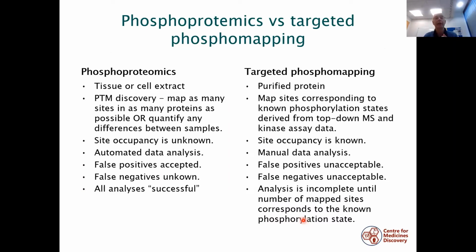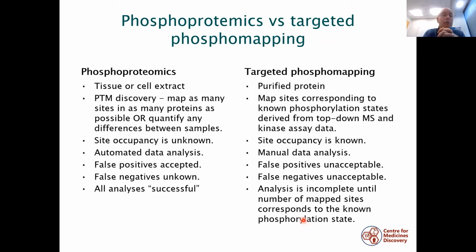So here at the CMD, we use a targeted phosphomapping approach. To compare that with the more traditional approach, I'll compare and contrast these two techniques. In a proteomics approach, we're looking at a tissue or a cell extract. In the targeted approach, we're just looking at a single purified protein.